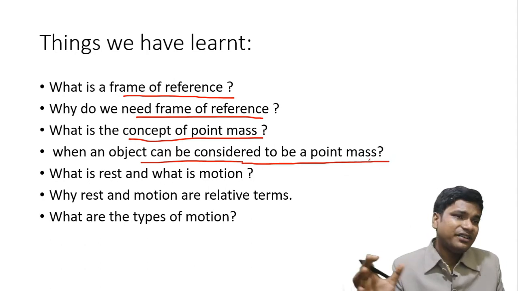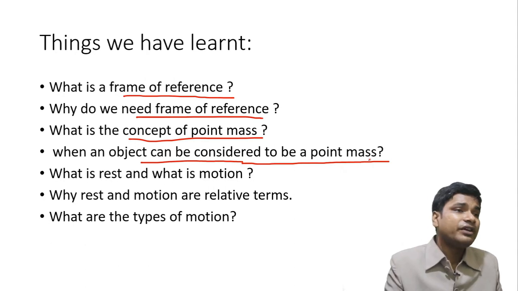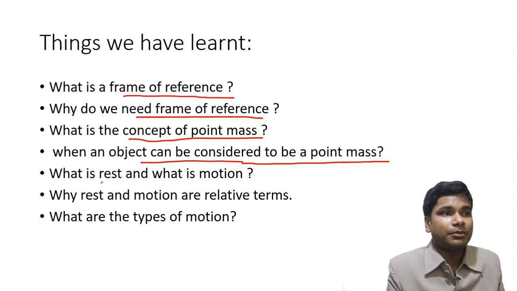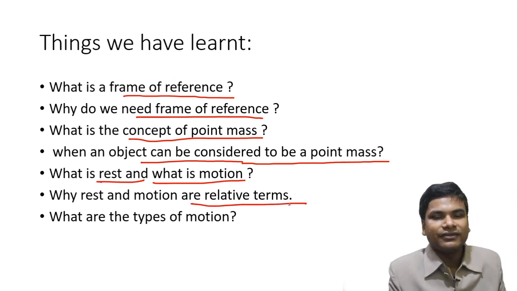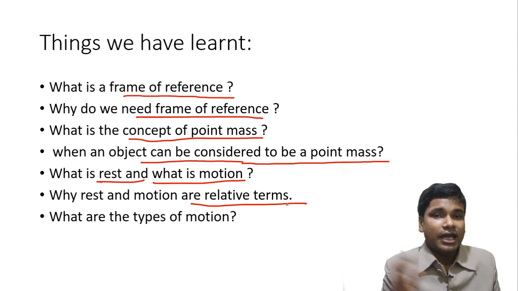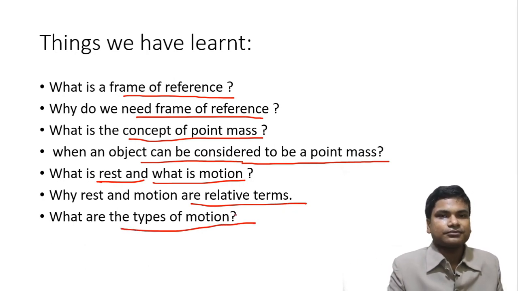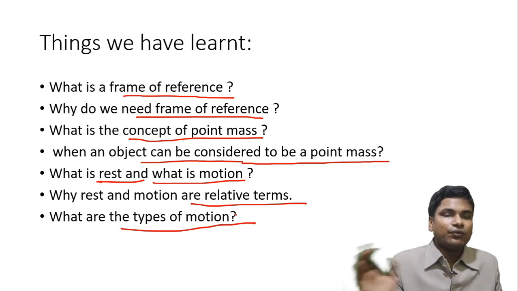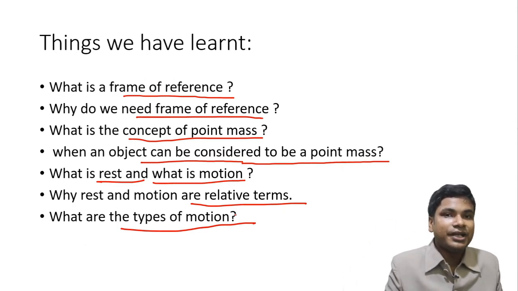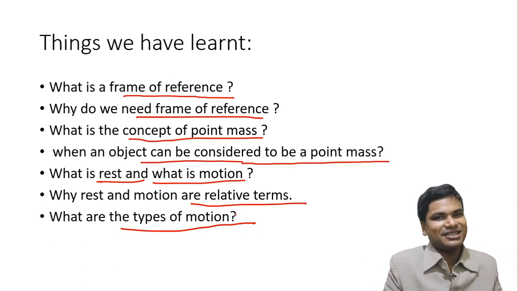These are very small but interesting things we have learned. We have also learned the concept of rest and motion and why they are relative terms, why there is no absolute rest or absolute motion. And we have also discussed the types of motion. After that we are going to learn about displacement, distance, and lots of interesting things about this chapter.